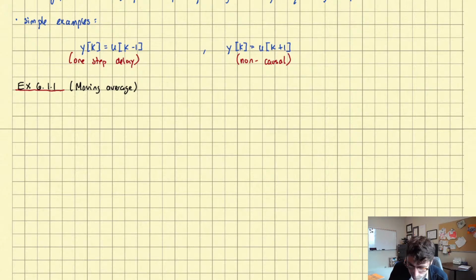So a moving average. This is something you've probably done. You've played around with an Arduino, you're getting sensor information, it's a bit noisy, so instead of using the sensor measurement you have right now, maybe you take the average of a couple of sensor measurements and use that for your algorithm. In this case, let's say we take a 5-point moving average.